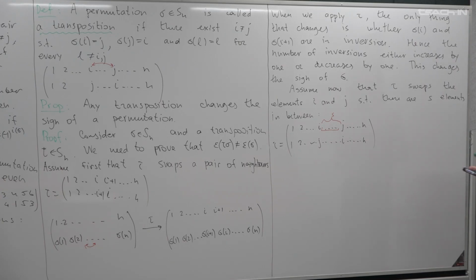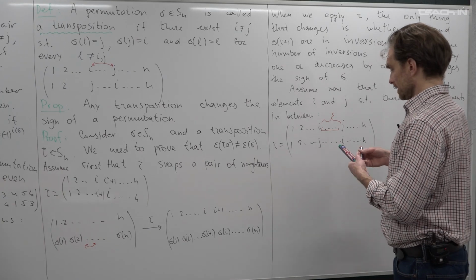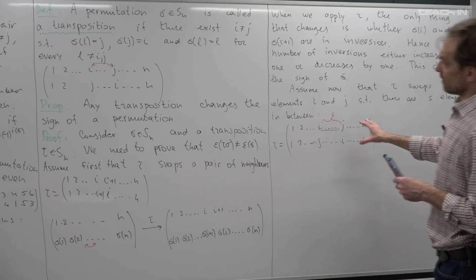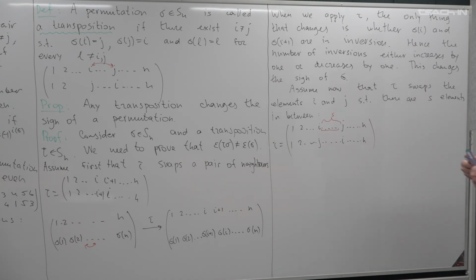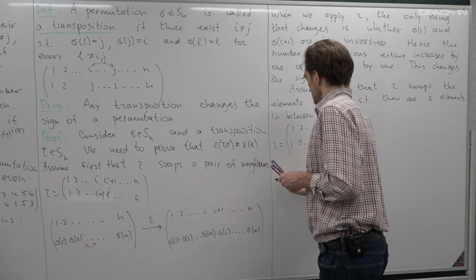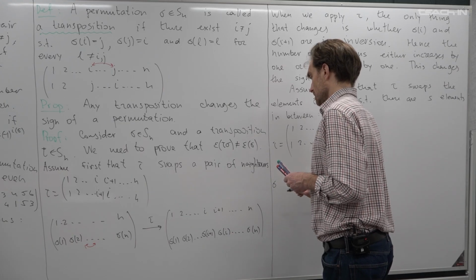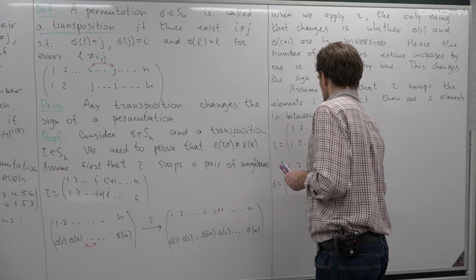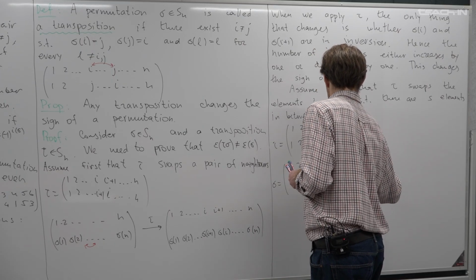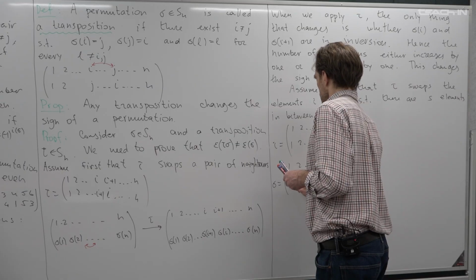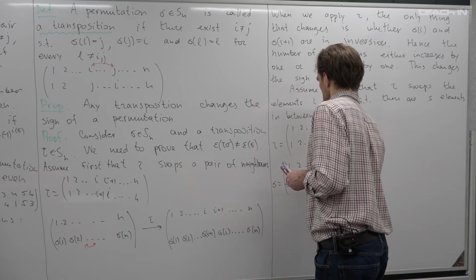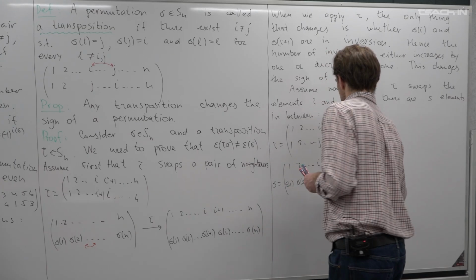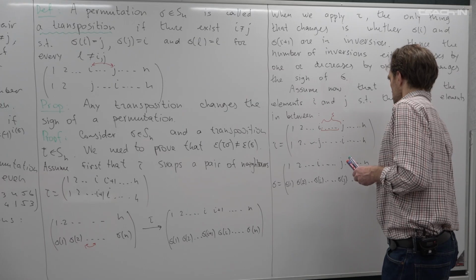Okay, so how can we do this? Now we need to apply this transposition to our permutation sigma. Sigma has the form 1, 2, etc., i, j, n mapped to sigma of 1, sigma of 2, etc., sigma of i, sigma of j, sigma of n.